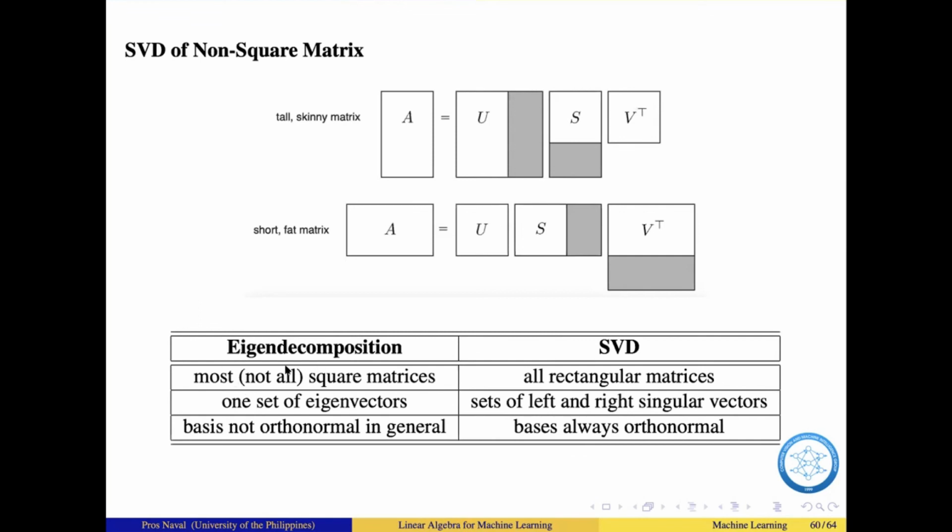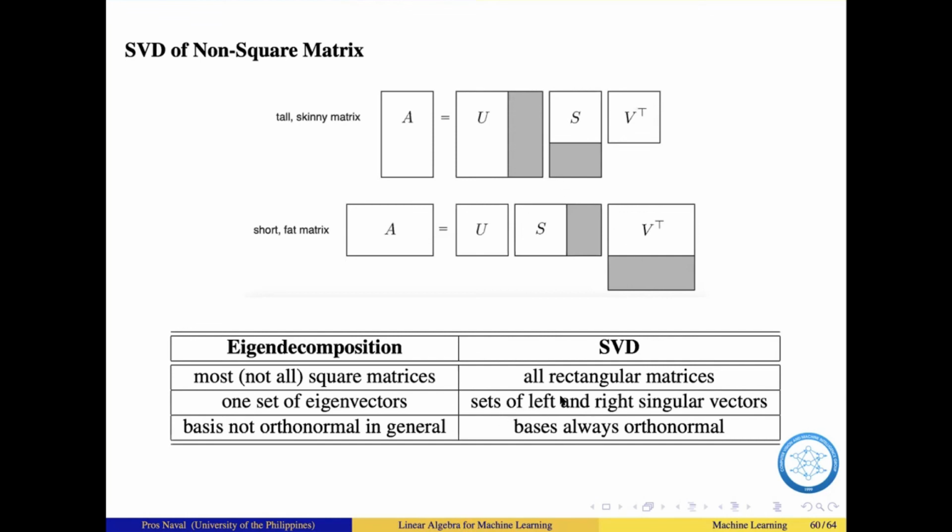When a valid eigen decomposition is available, we only have one set of eigenvectors for eigen decomposition. Okay, so which makes it easier. So that's the nice thing about having an eigen decomposition. You only deal with one set of eigenvectors. On the other hand, for SVD, you have your left and right singular vectors. So you have two sets of orthonormal vectors or orthogonal matrices.